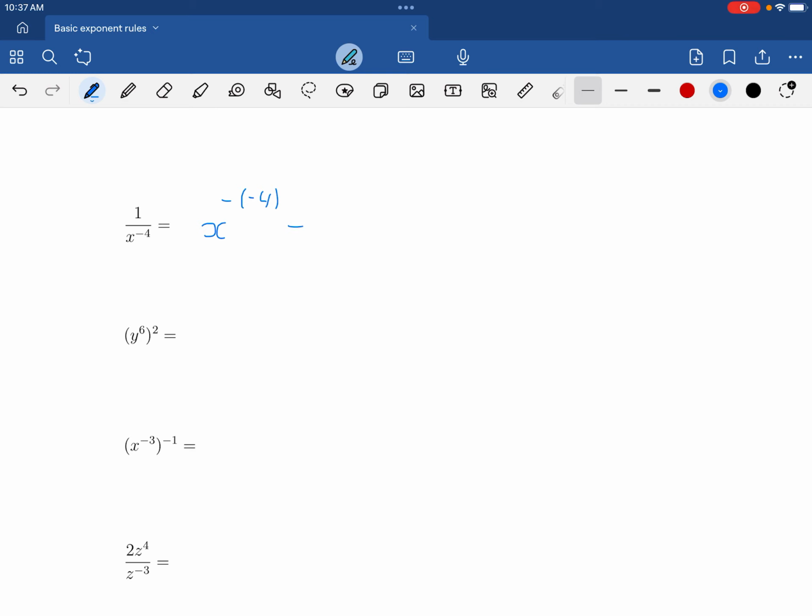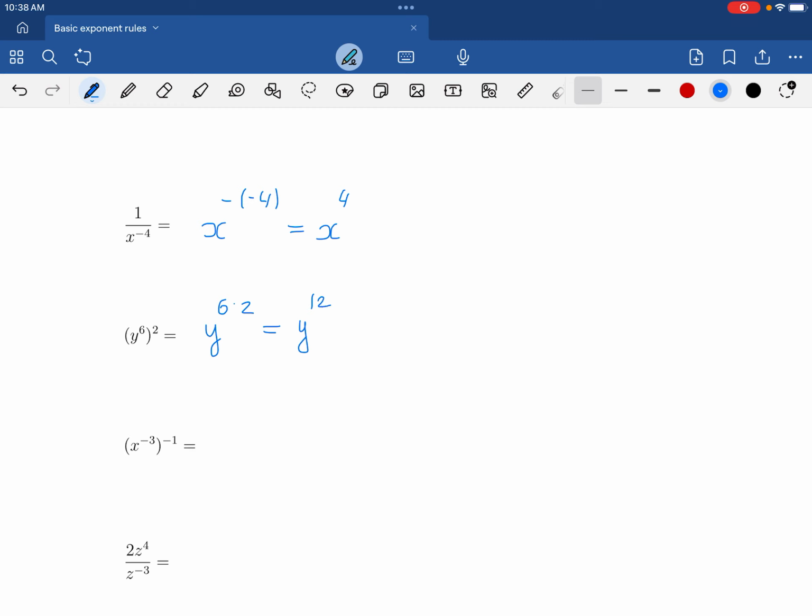So this will be x to the fourth. The next one, we take y to the sixth and we raise this to the square. So we must multiply the exponents, 6 multiplied by 2. And this will be y to the 12th.